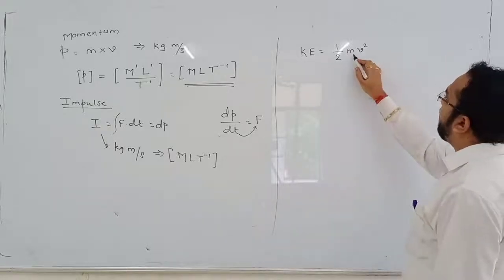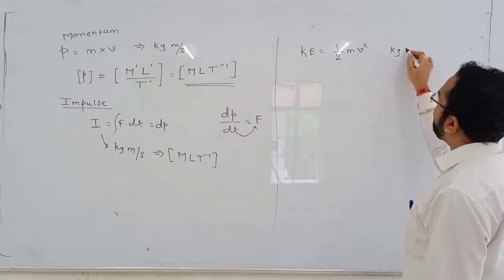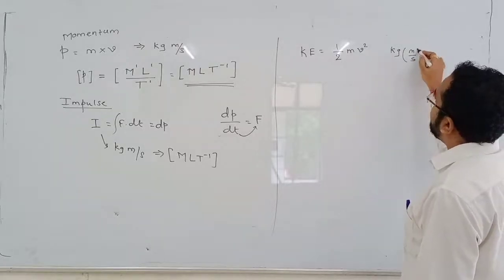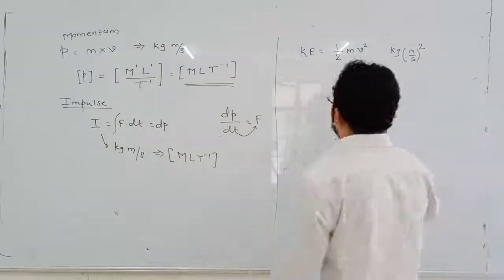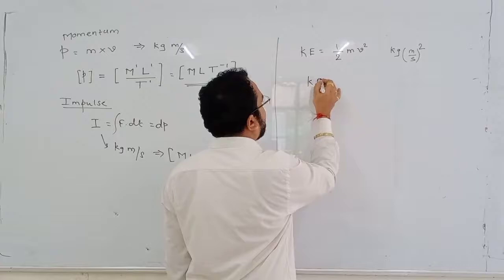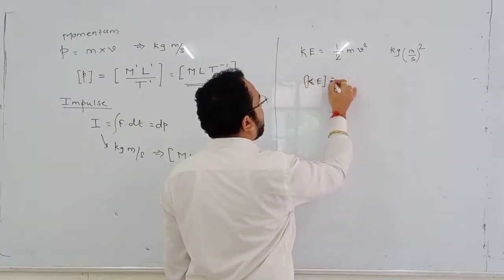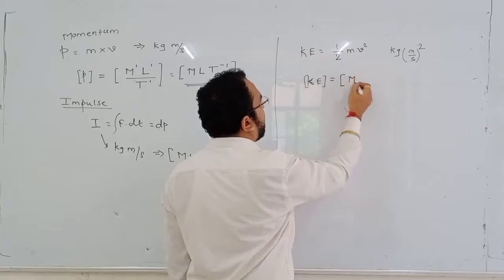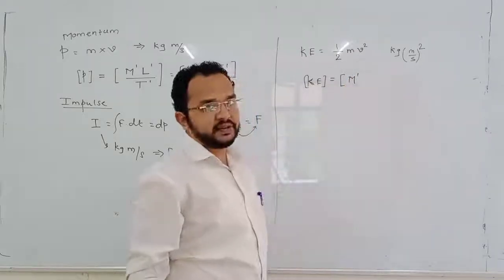So unit wise, what is the unit of mass? kg. What is the unit of velocity? It is meter per second, and its square, meter per second square. So what will be the dimensions? Kinetic energy dimensions will be, for kg we can write M to the power 1, because kg corresponds to mass.